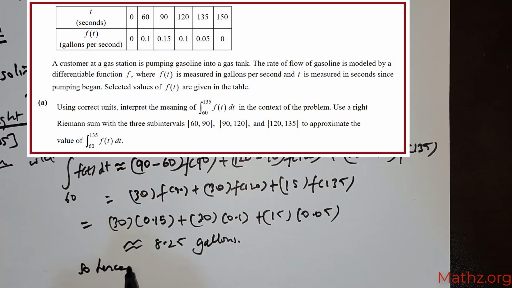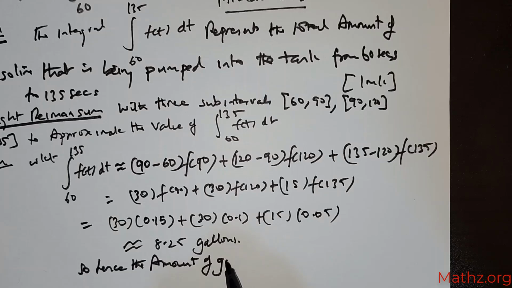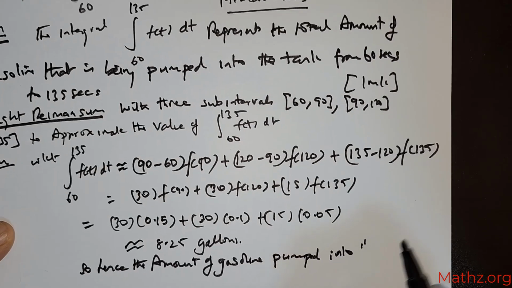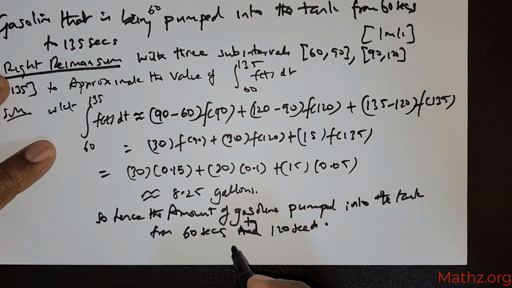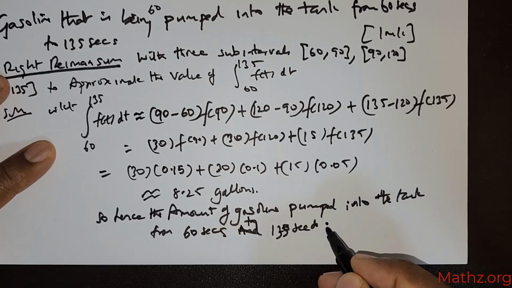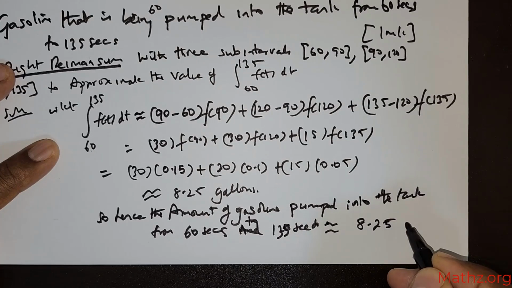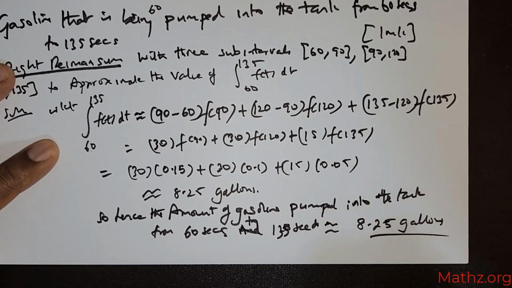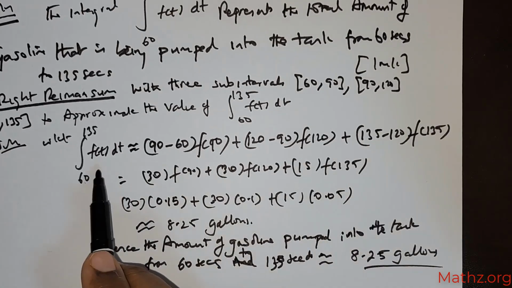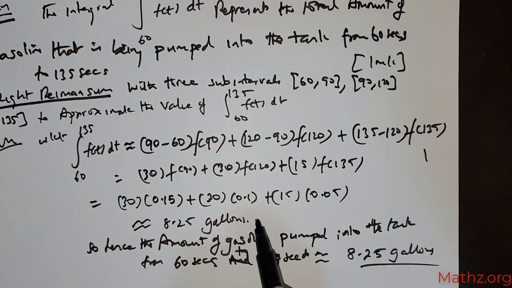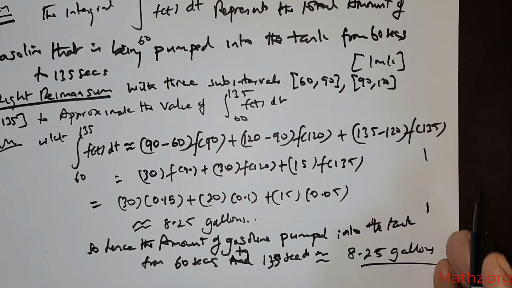So hence the amount of gasoline being pumped into the tank for 135 seconds is approximately equal to 8.25 gallons. If you write down this, you get 1 mark. If you find the value, you get 1 mark.